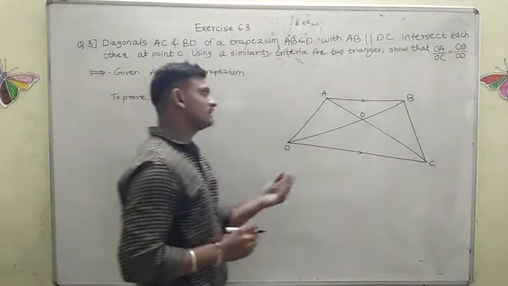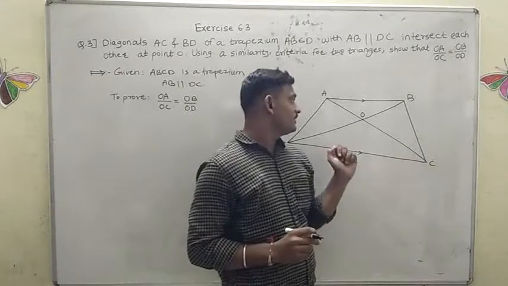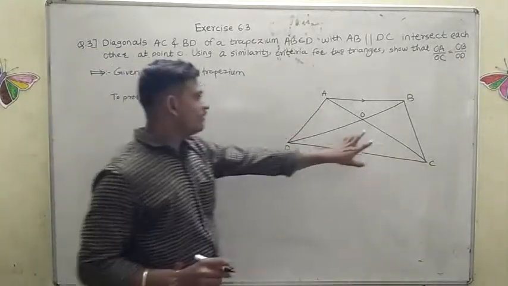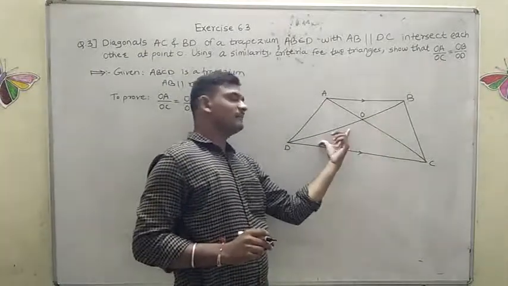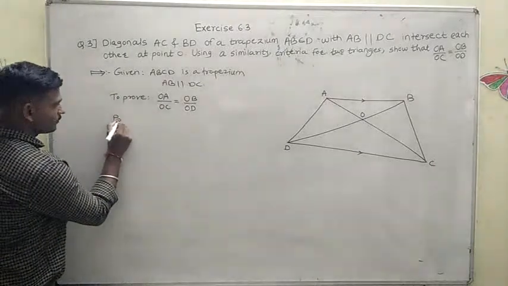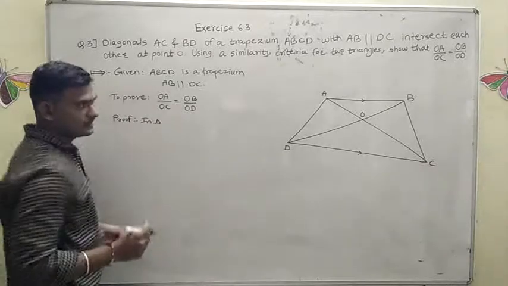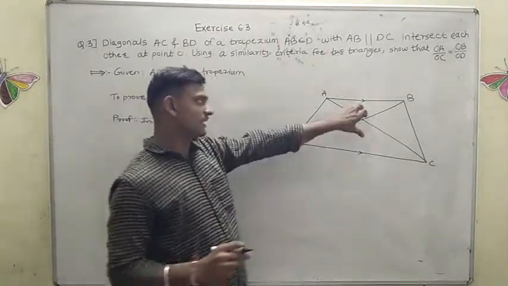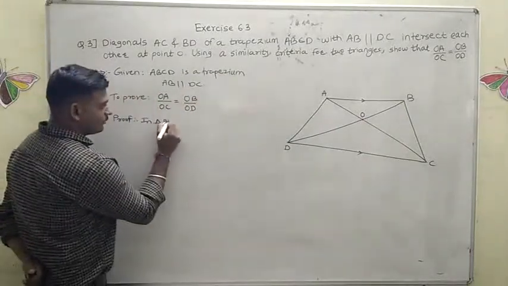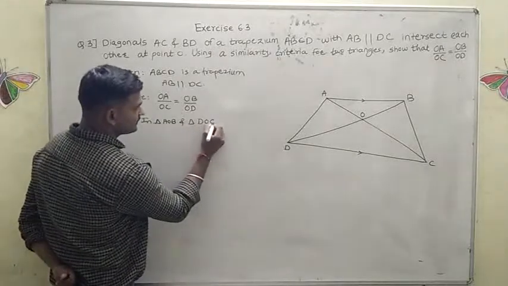See here, in these two triangles, triangle AOB and triangle DOC, we have to prove that OA divided by OC is equal to OB divided by OD. To show this, proof. We have to consider these two triangles, triangle AOB and triangle DOC.